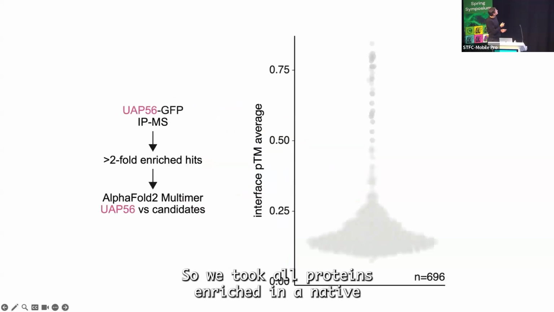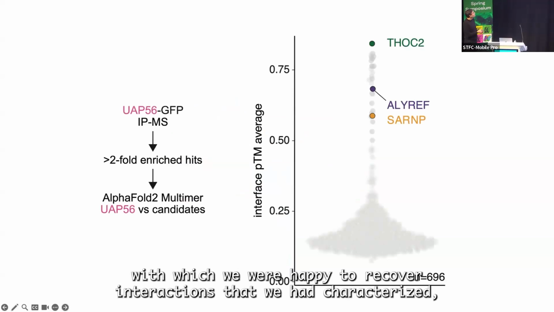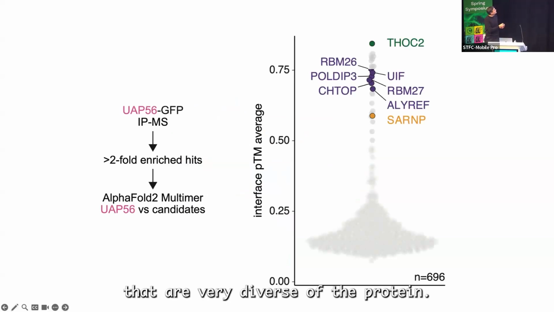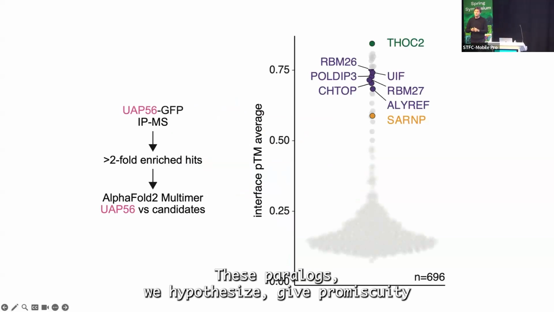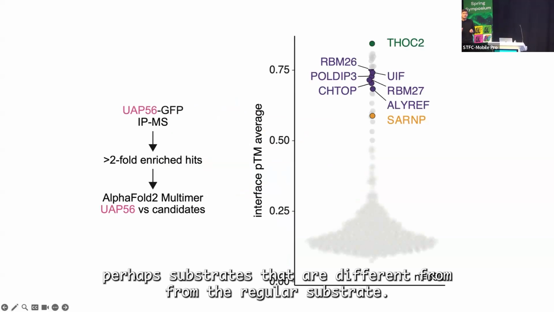We took all proteins enriched in a native IP of this protein UAP56 and then did a binary interaction screen, in which we were happy to recover interactors that we had characterized, and paralogs that are very diverse of the allograph protein. These paralogs, we hypothesize, give promiscuity to the system to recognize perhaps substrates that are different from the regular substrate.